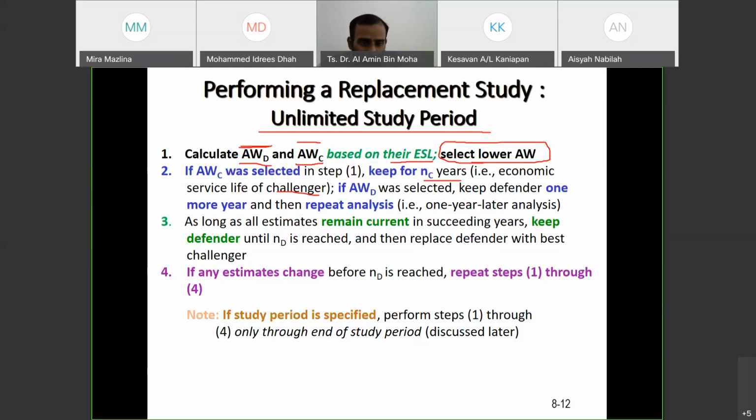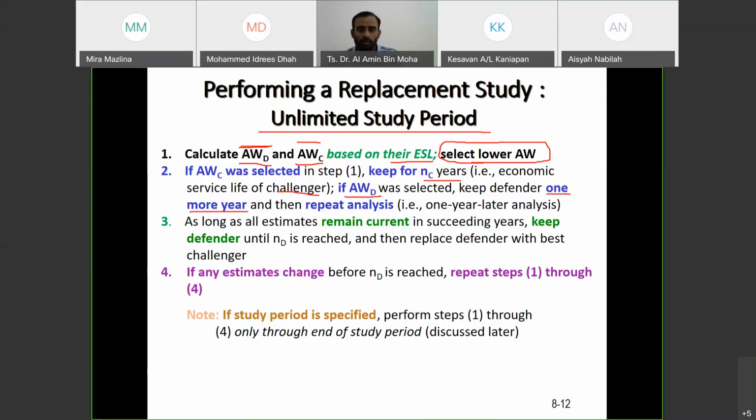But if the defender is selected, keep the defender 1 more year. Let's say when you calculate, although it's 10 years and 2 years, the calculation shows the 2 years is good. Did you get what I'm saying? Let's say you have a new product and the existing product, whether you want to replace or not.